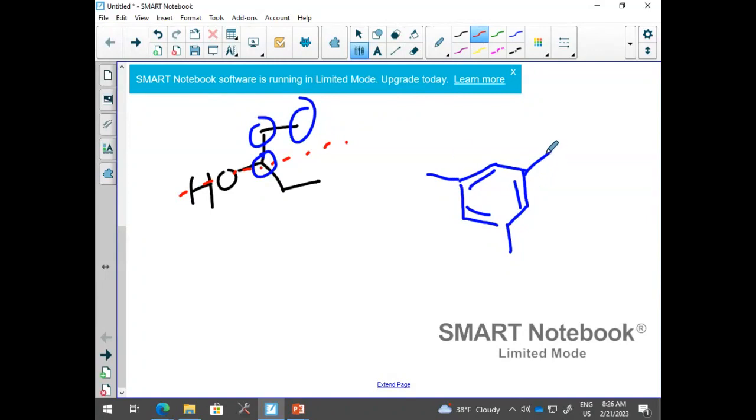This molecule obviously has 3-fold symmetry. You can imagine at the center of the molecule there is a 3-fold rotation axis.